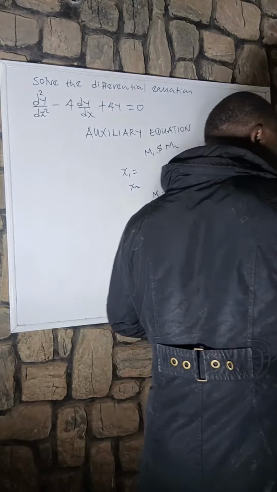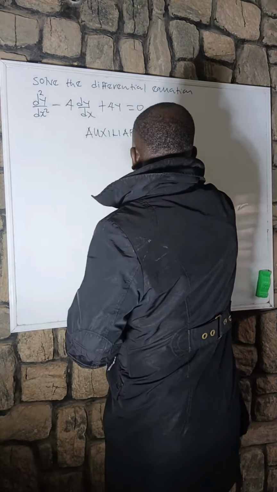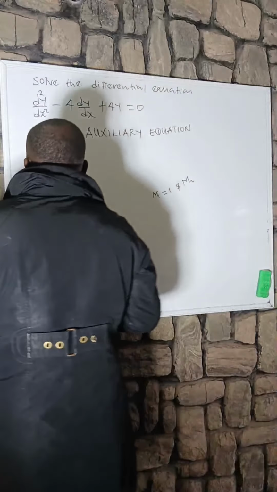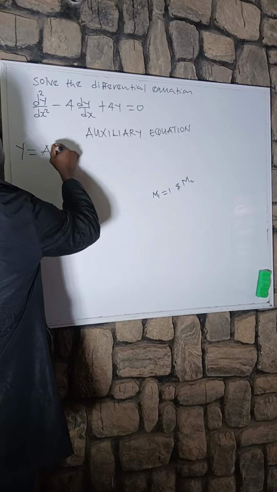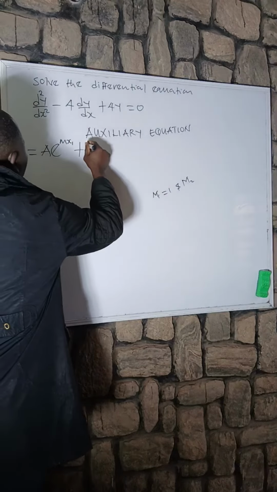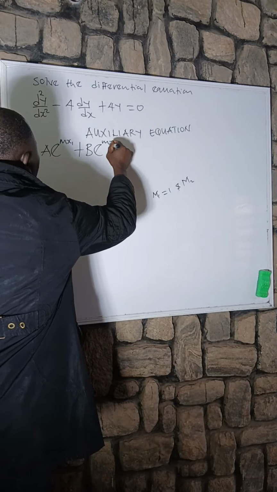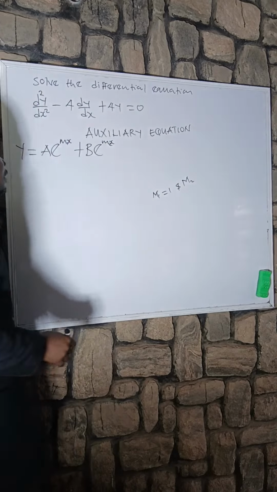It means the general solution of this differential equation will be written in this form: y equals A exponential m1x plus B exponential m2x.